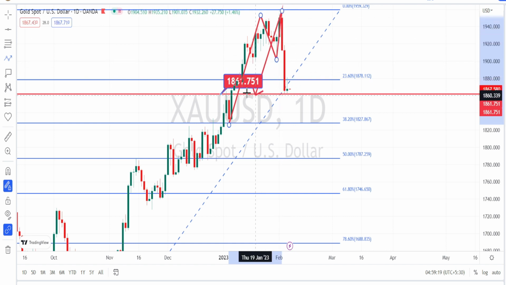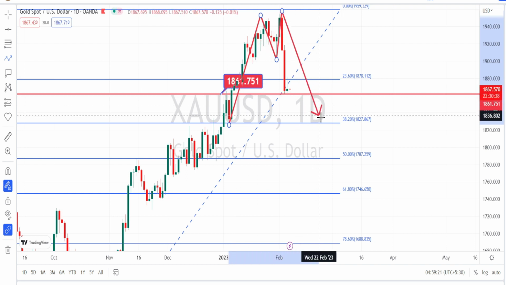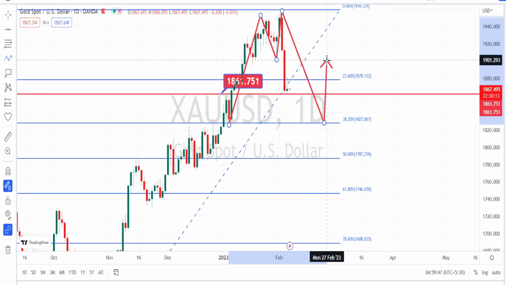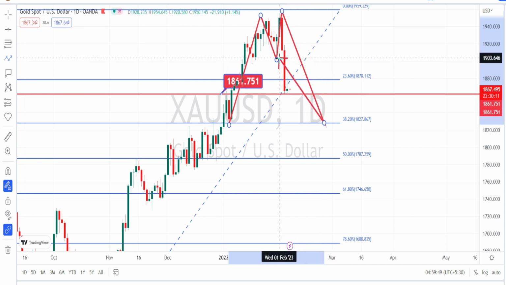Once this support level of 1861 is broken, we can expect it to take support on the next support level, which is going to be around 1827. But once this resistance level is broken, we can expect the bullish side retracement to start. Again, this level of 1900 will be acting as a resistance level for the current price action because it is a neck level of the double top pattern.